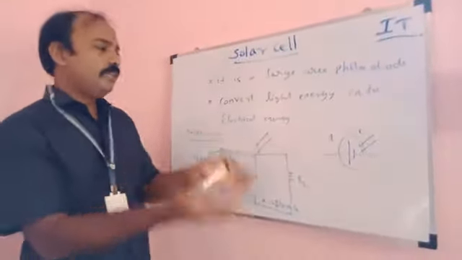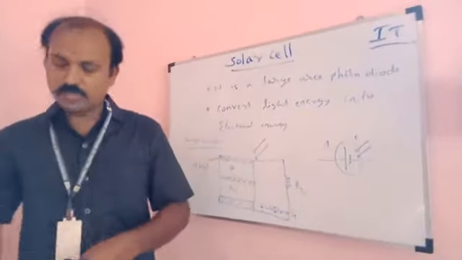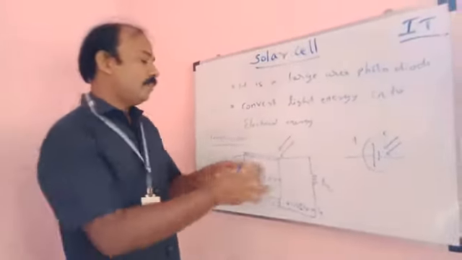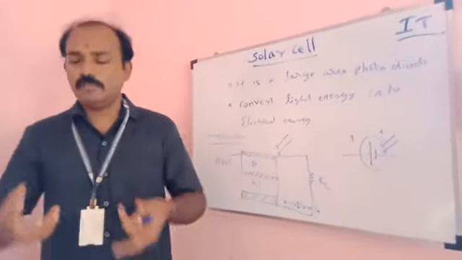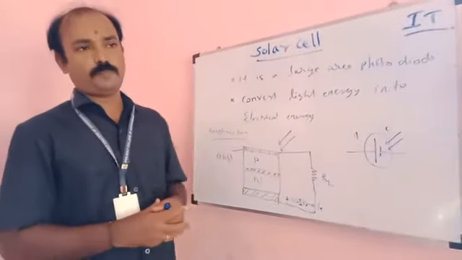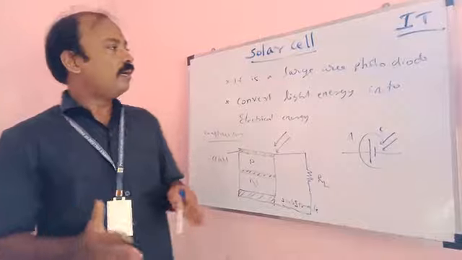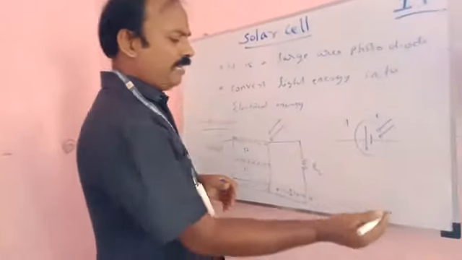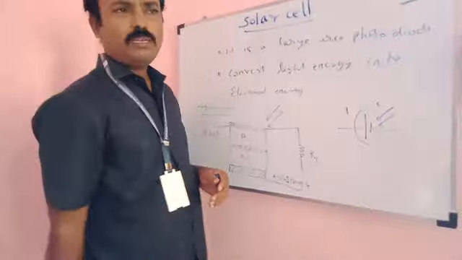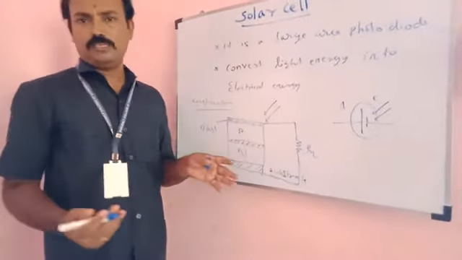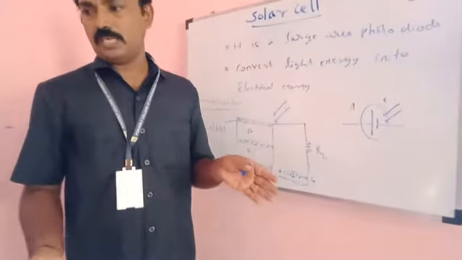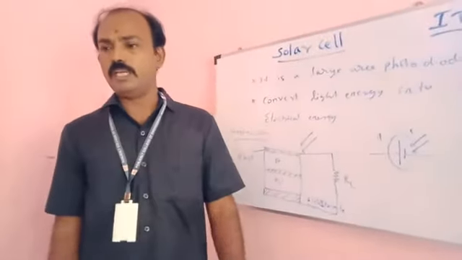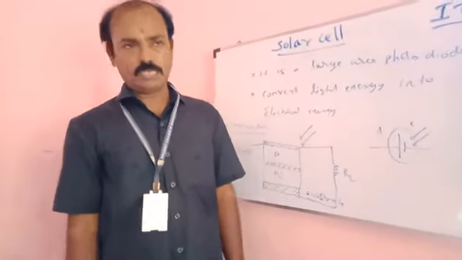Whenever the light intensity reduces, that is during cloudy time, the production of electricity automatically decreases. So we call that seasonal. Then so many advantages and disadvantages are there in this particular solar cell. So what are the advantages and disadvantages of this solar cell?